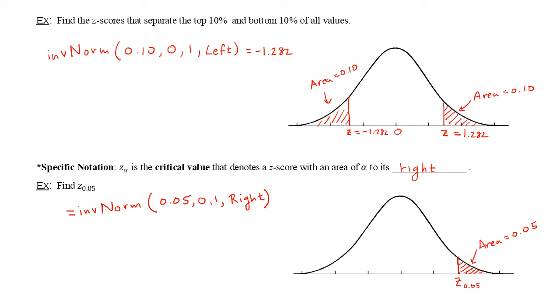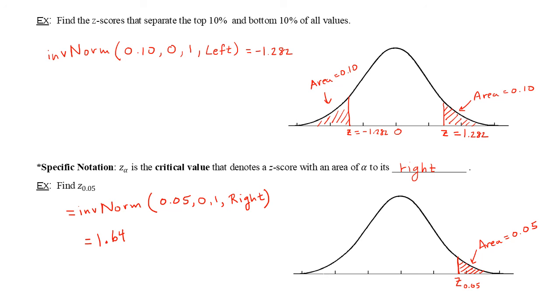So when I do the inverse norm here, I put 0.05 for the area, 0, 1 for the mean and standard deviation, and we get something about negative 1.64. Or actually, in my case, positive 1.64, because again, we're doing the right tail there.